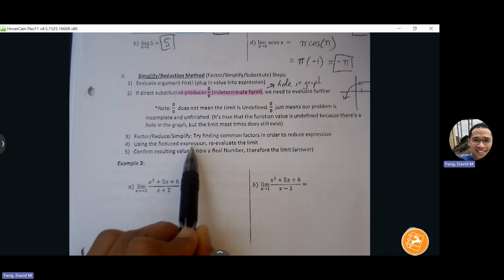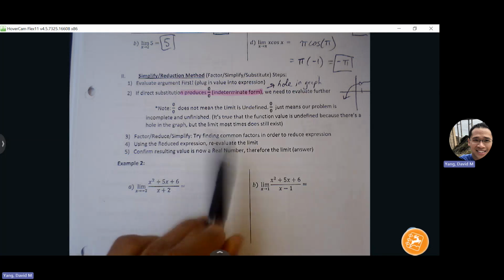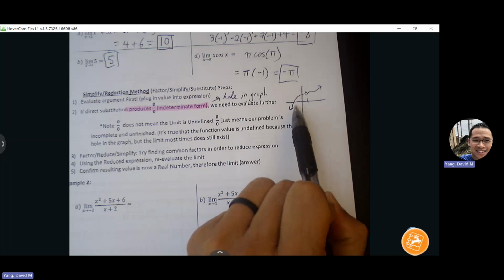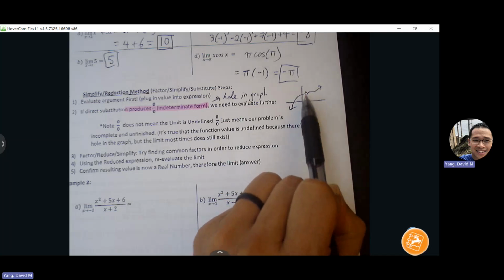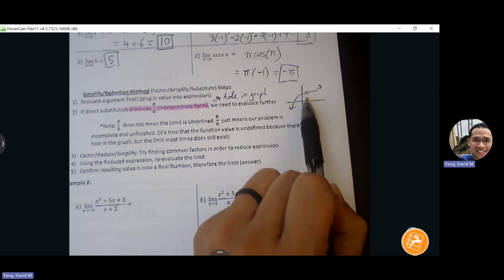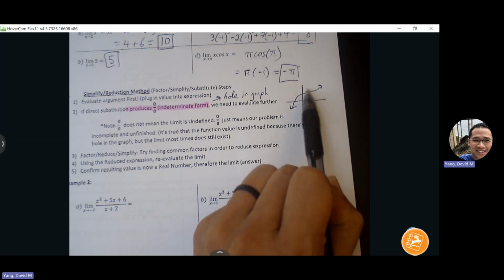And then from that reduced expression, we're going to reevaluate the limit. So basically we're going to try to create an expression that is a similar graph without the hole in it. And if I can create a graph without the hole in it, I can make a continuous function out of it, and then I can evaluate the limit where that hole was.